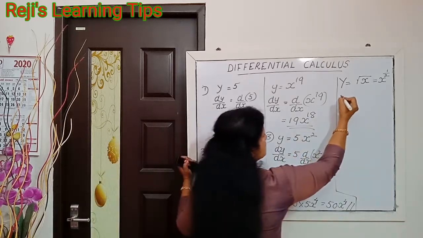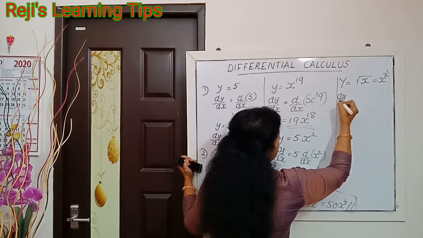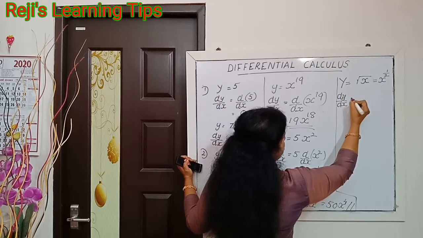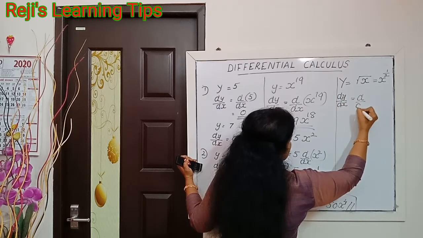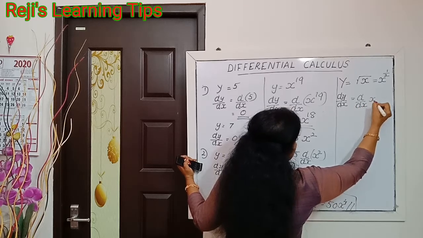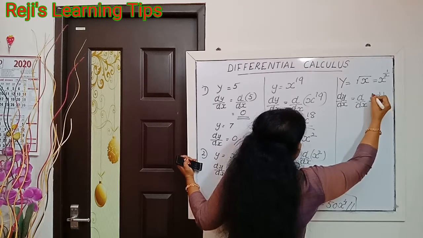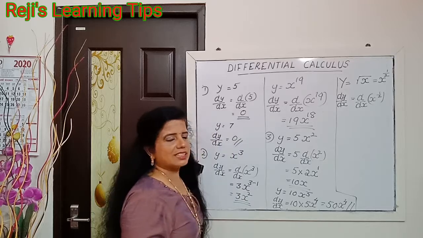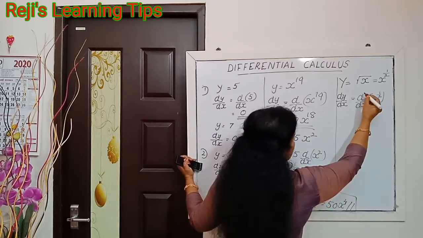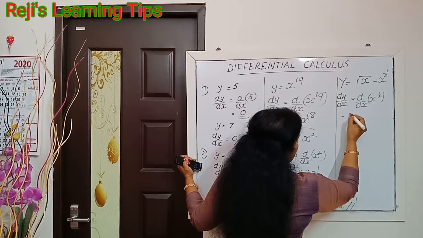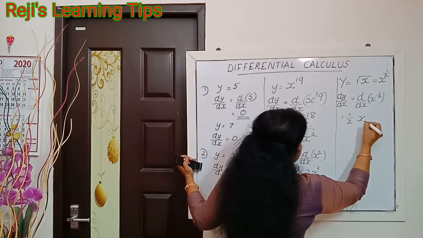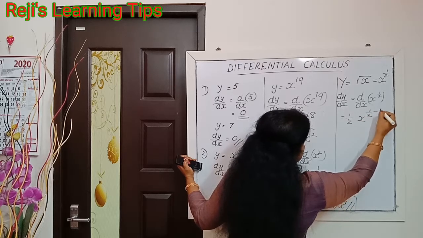Then dy by dx is equal to d by dx of x raised to 1 by 2, that is equal to 1 by 2 into x raised to 1 by 2 minus 1.